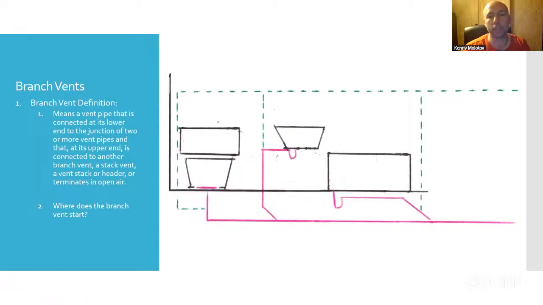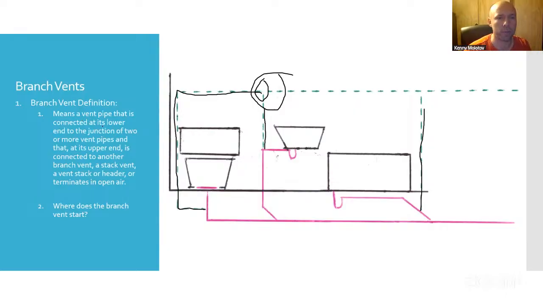Normally I get my class to figure out where the branch vent is. Where does it start? Starts right here. So look over here. This is the individual vent for the water closet. This is the individual vent for the lav. This is the individual vent to the bathtub, but this is the first time that two vent pipes are connected.